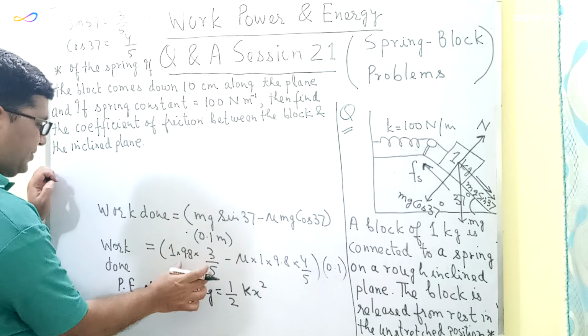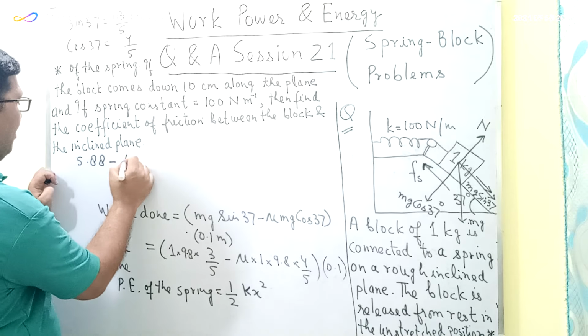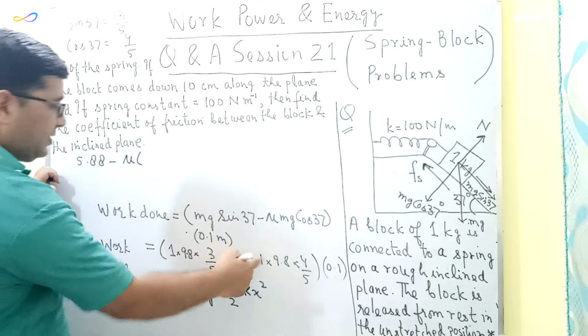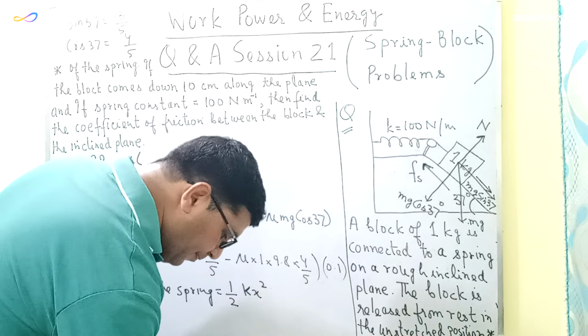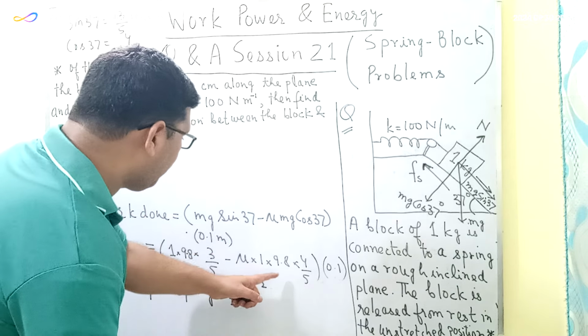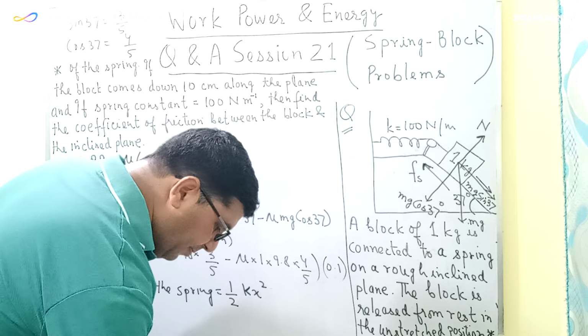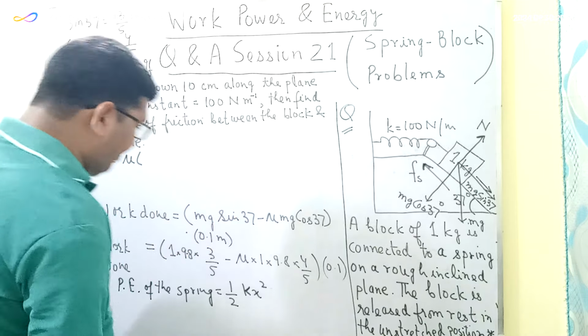This is equal to 5.88 minus mu into 9.8 into 4, divided by 5. So this is equal to 7.84.